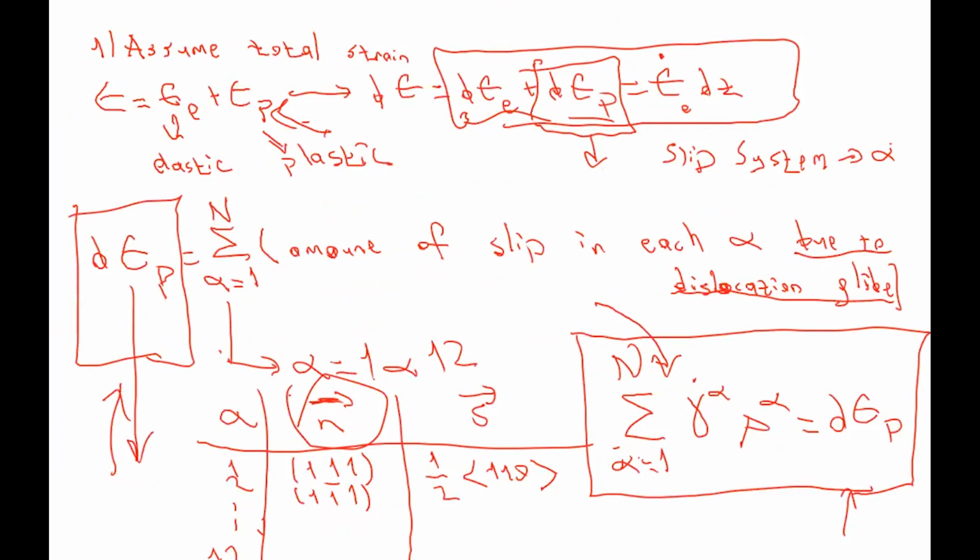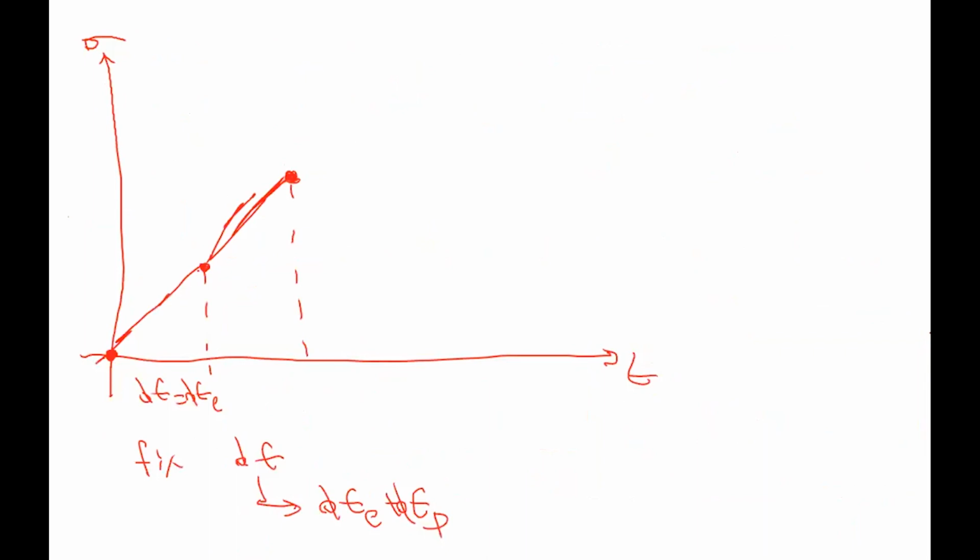You have this value. Now, here you're fixing your strain again. So the epsilon is always the same. The epsilon is the same. But now you have plastic strain. And what is the sigma?